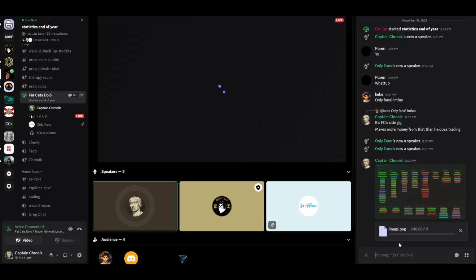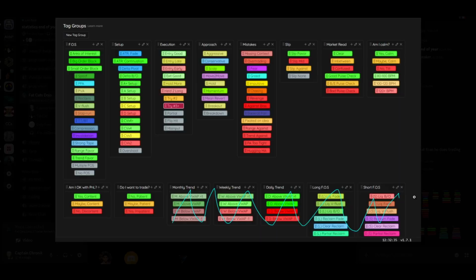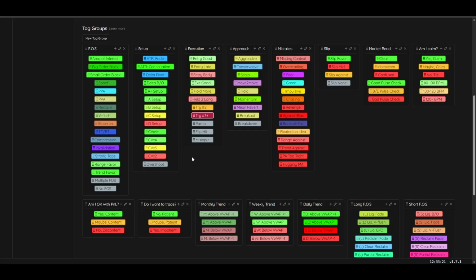Posted a screenshot there. So you don't use those anymore? The ones that are scribbled out, no, I was experimenting with those for the checklist, and I might still bring them back. That's why I haven't deleted them. But they're hidden on my actual checklist, so I don't actually see them.